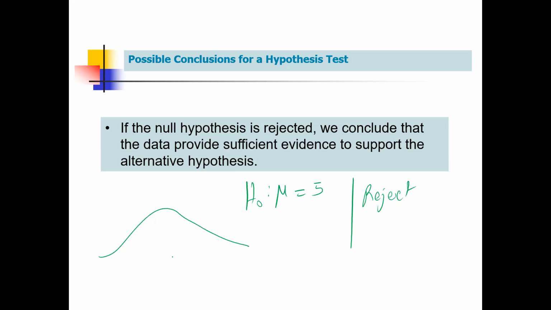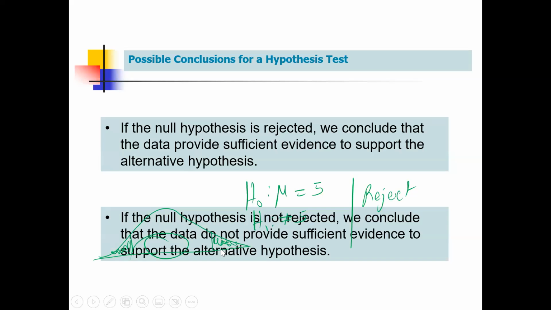We reject if we check the Z value and we find that the Z value falls on the tail, assuming I'm doing 2 tail. If the Z value falls on the tail, then I'm going to say it's not true because I expect the truth to be somewhere in the middle. So when I reject, it means I am supporting the alternative.